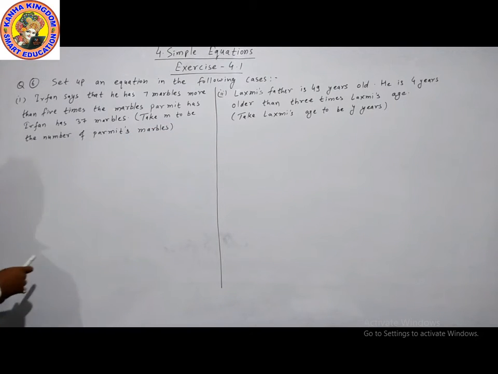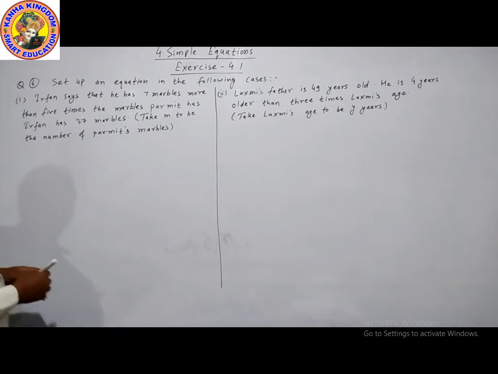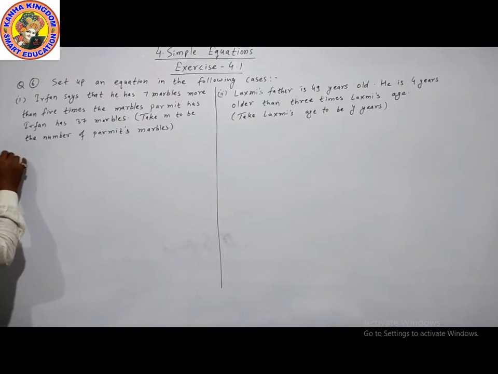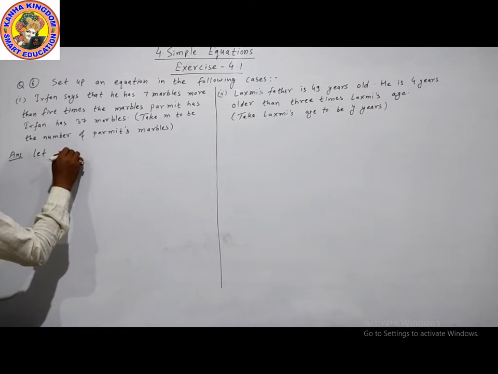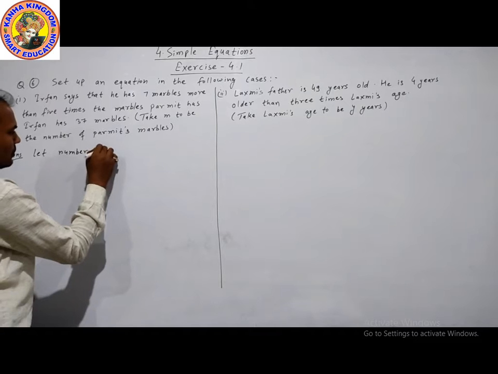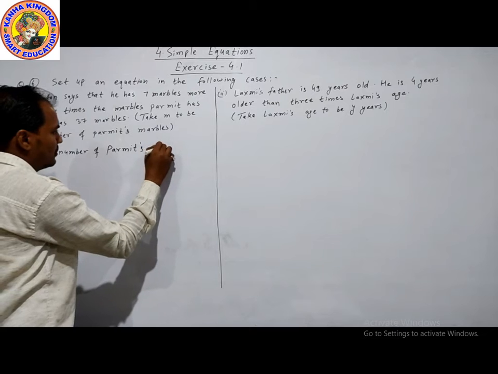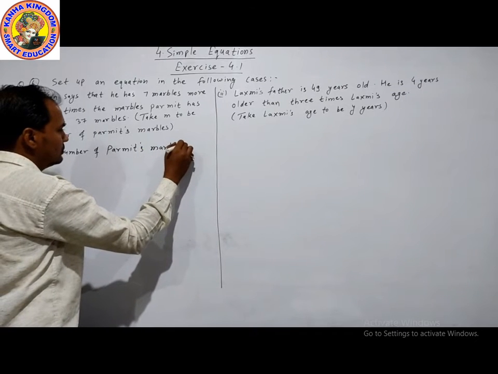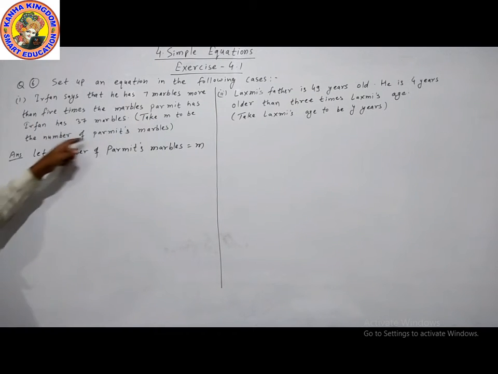Take m to be the number of Parmit's marbles. First of all, let the number of Parmit's marbles be m.